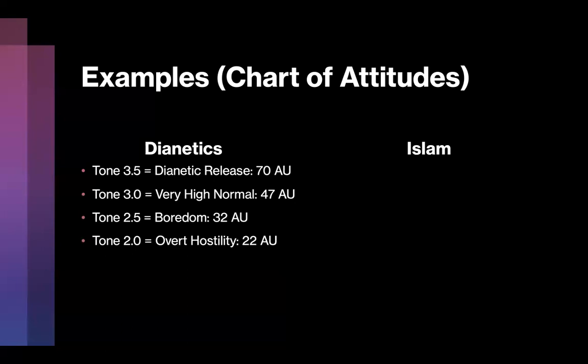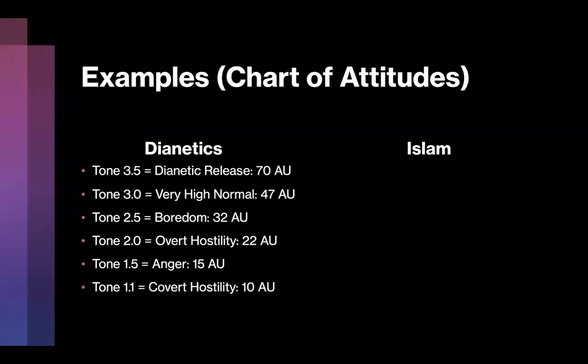Tone 2.0 is overt hostility, and that's 22 attention units. Tone 1.5 is anger, and that's 15 attention units. And tone 1.1 is covert hostility, which is 10 attention units, correct?